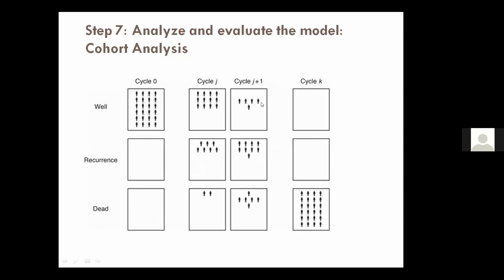In the third period, fewer people are well, more people are diseased, and there are more deaths now. Ultimately, if you go on and on like this, everybody will be in the death box. Now the problem is, what if they die from other problems? So researchers create 2 death states: one is death from that particular disease, and another is death from other causes.